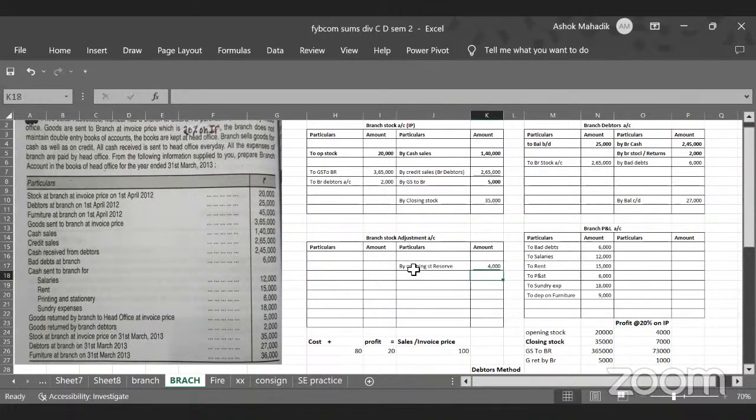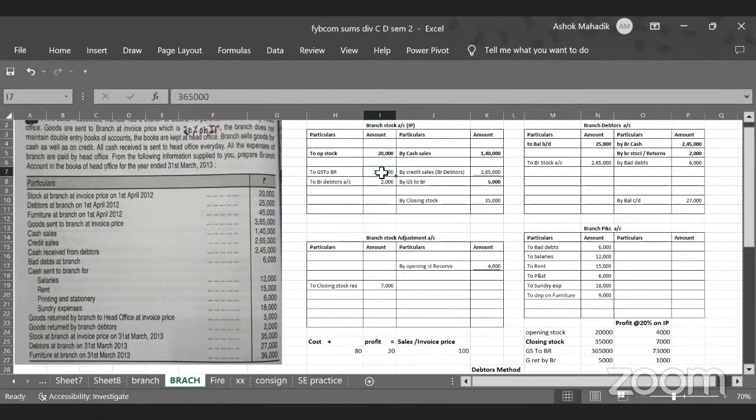That's it. Likewise, 4 entries that you have to pass. Now closing stock was on credit side. So stock reserve on closing will appear on the debit side. We'll write to closing stock reserve. Value is 7,000. That's it.